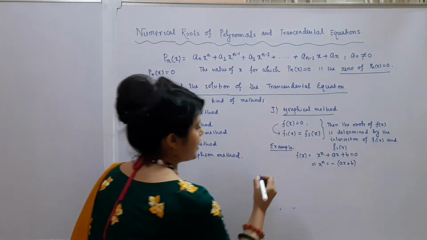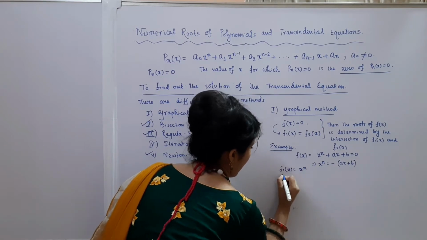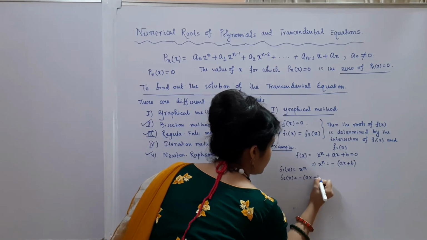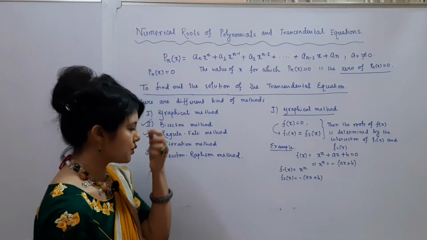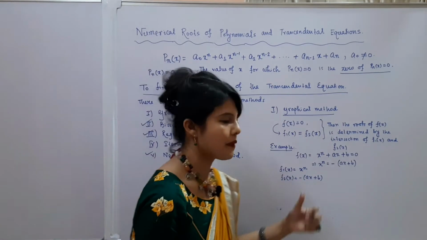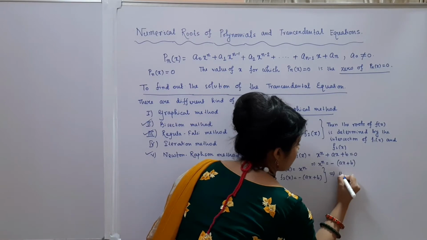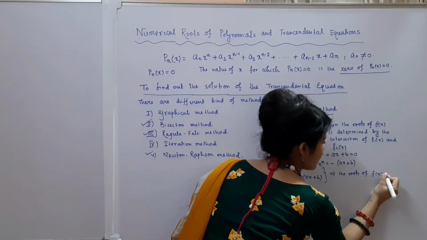Okay, so you can consider f1(x) equal to x to the power n, and f2(x) equal to minus ax plus b. Then the intersection of these two graphs, x to the power n and minus ax plus b, will determine the roots of f(x) equal to 0.